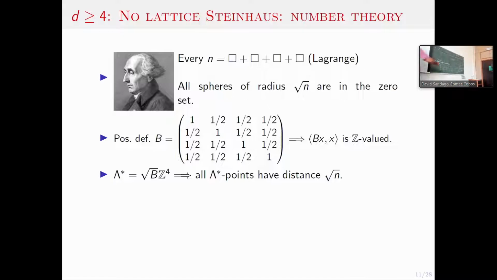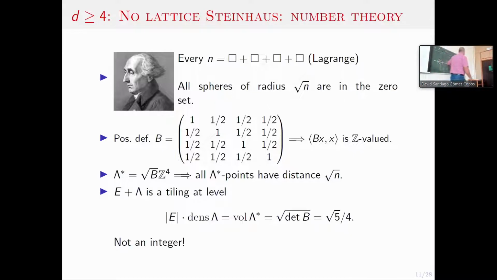Because their distance from the origin is root of bxx. Take the adjoint, so you put them here. You get exactly bxx, which are integers. So all the lambda star points for this lattice will be on those nice circles where I have the vanishing. So I have tiling.